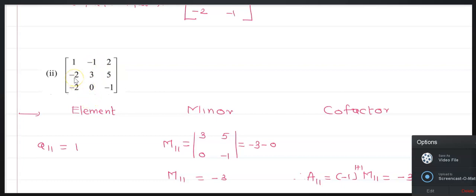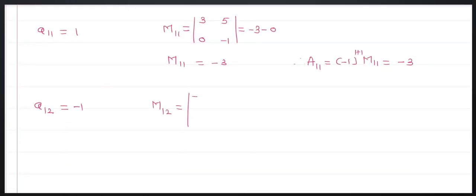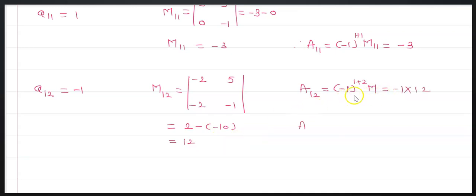Then you will get minus 2, 5, minus 2, 1. Therefore, its value is plus 2 minus in bracket minus 10. That is, M12 is 12. And overall this is a minus. A12 is minus 12.